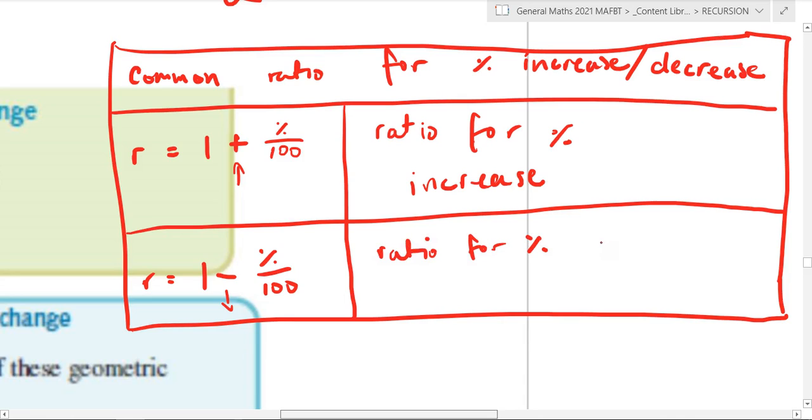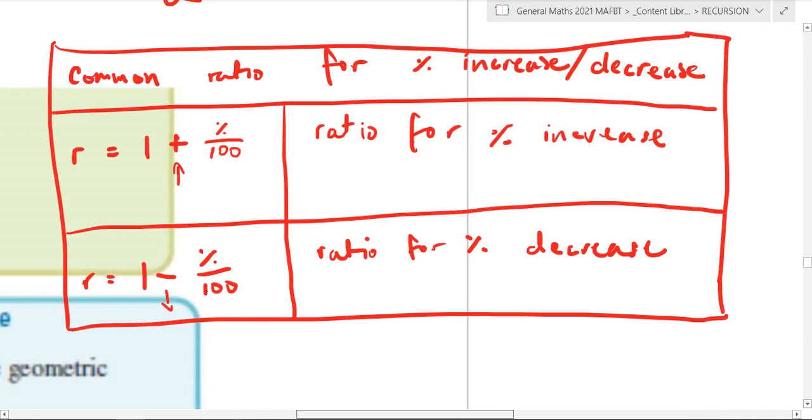Actually, I'll write that here so it's a bit more obvious. Same with this one. Okay, so put this section here in the second page of your formulas booklets. Okay, so this is the common ratio for when you have percentage increase or decrease.